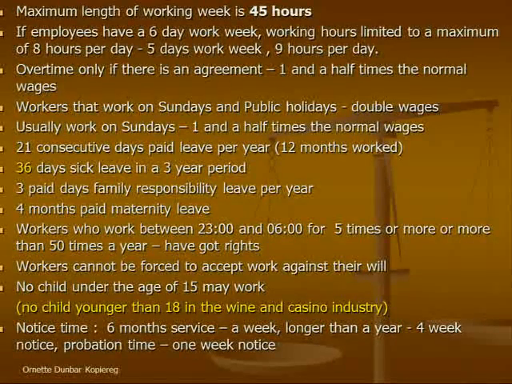For those who work between 23:00 hours and 6 in the morning, or for 5 times or more than 50 times a year, in the past they would not be regarded as people who have rights. But because of this Act now, they also have rights and must also be respected.